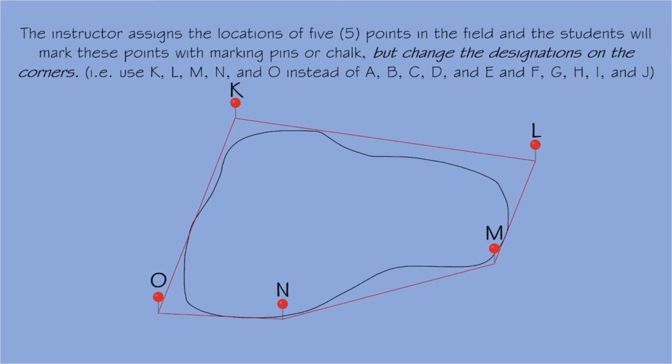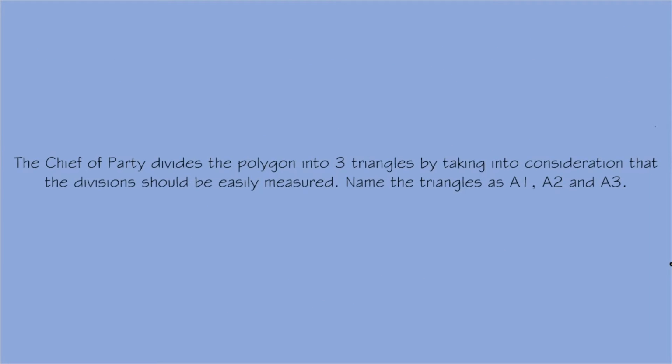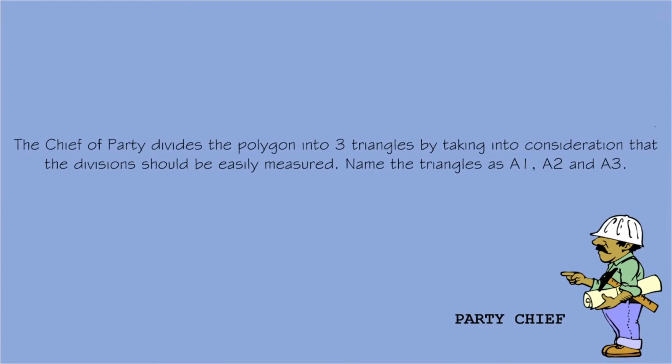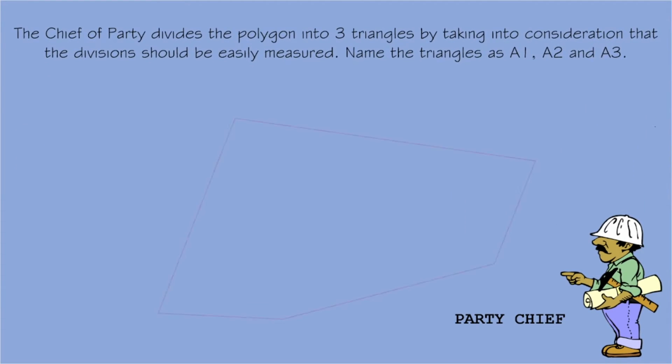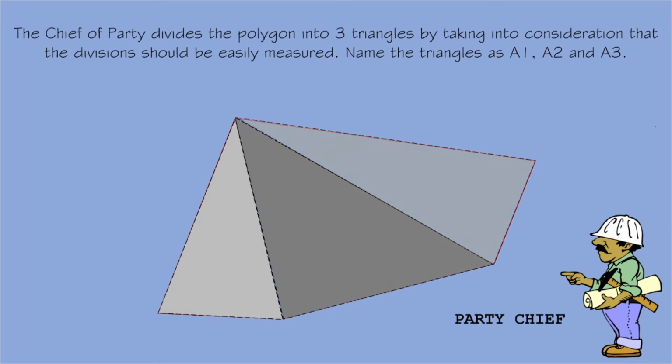Since this is part C, we are going to designate these points as K, L, M, N, and O. Next, the chief of party divides the polygon into 3 triangles by taking into consideration that the divisions should be easily measured. Name the triangles again A1, A2, and A3.